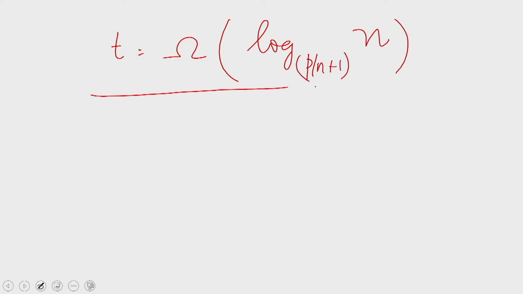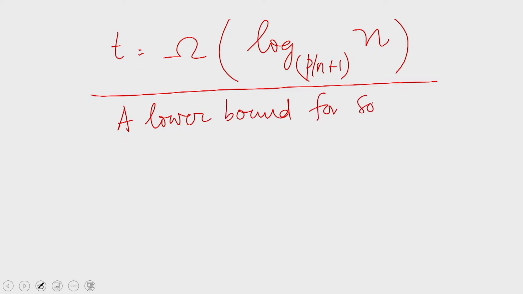So, this is a lower bound for sorting n items using p processors.